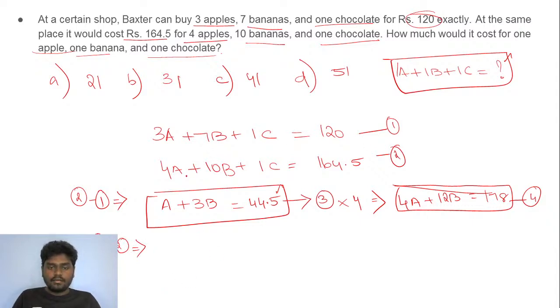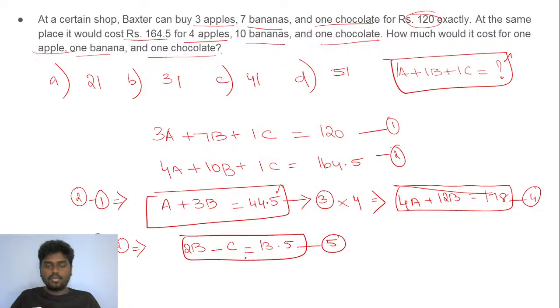What you'll be getting here is 4a minus 4a gets cancelled, and 12b minus 10b is going to be 2b, and minus c is equal to 178 minus 164.5, which gives 13.5. So if I take this as equation 5, now listen very carefully.